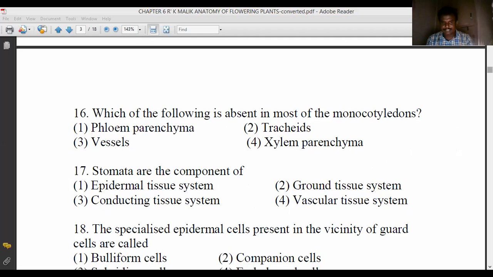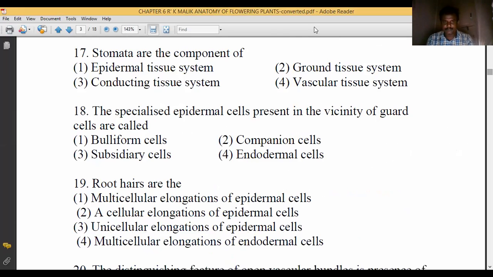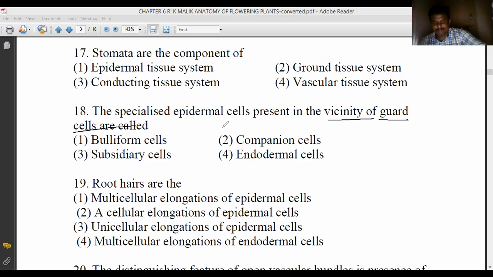Next, 18th question. The specialized epidermal cells present in the vicinity of guard cells. Vicinity means neighboring cells.